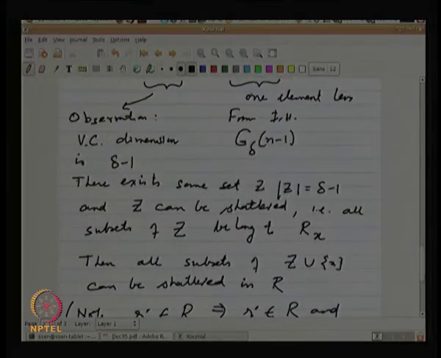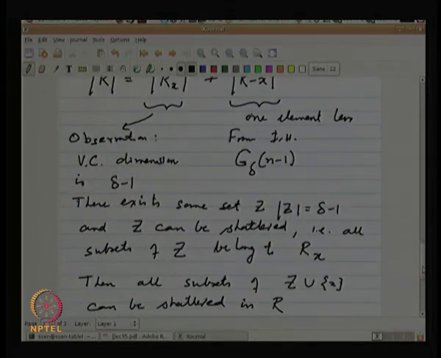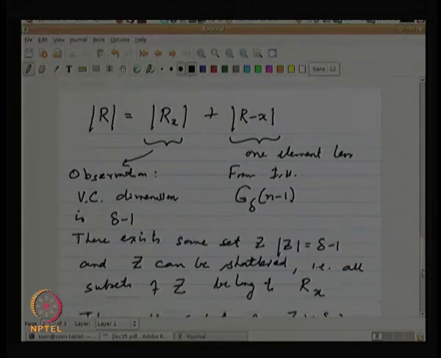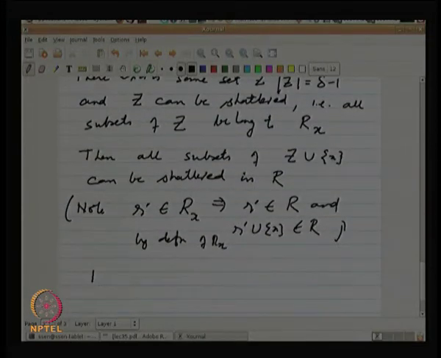And therefore, this quantity can be bounded by the first one. So, R x does not have the element x, and it has VC dimension delta minus 1.